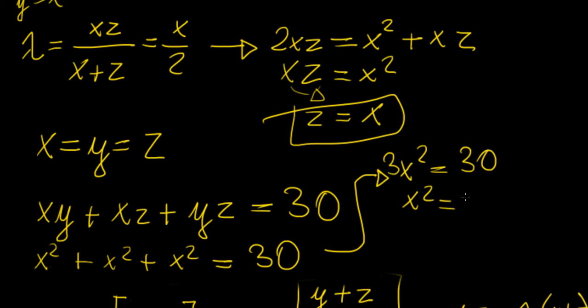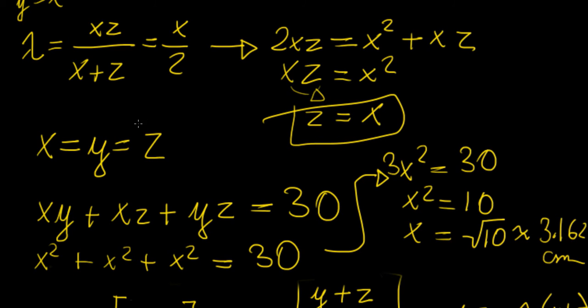So x squared equals to 10, and then x equals to the square root of 10, which is approximately, let me just calculate it here very quickly, 3.162 centimeters. So that's going to be the length. And that means that all of these are also going to be around that length.